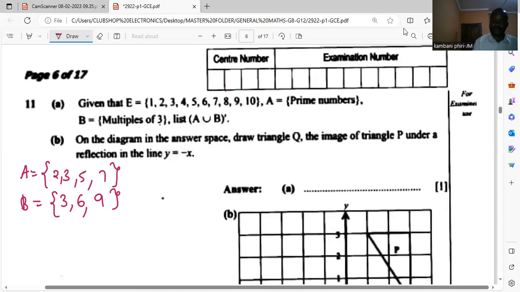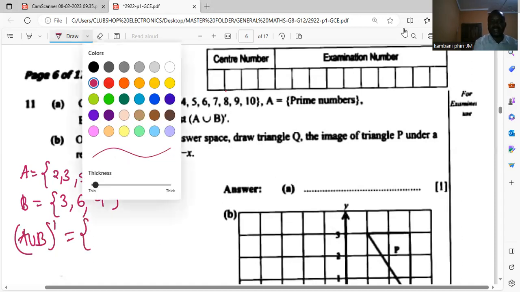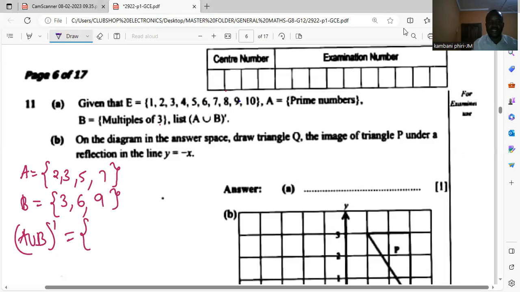So A union B complement, what does it mean? We want any other element in the universal set apart from 2, 3, 5, 7, 6 and 9.